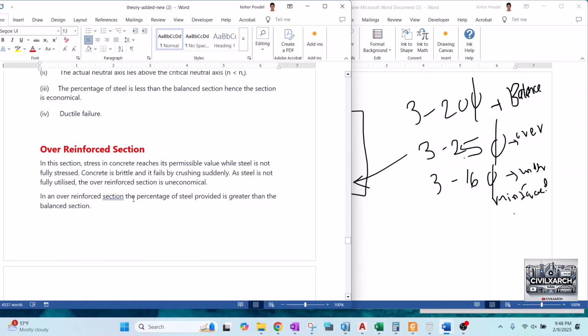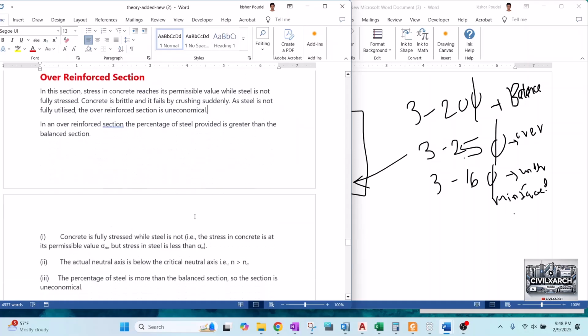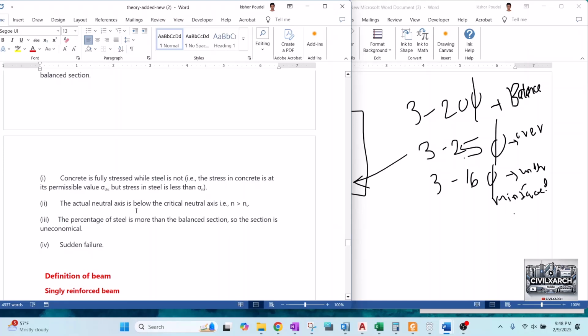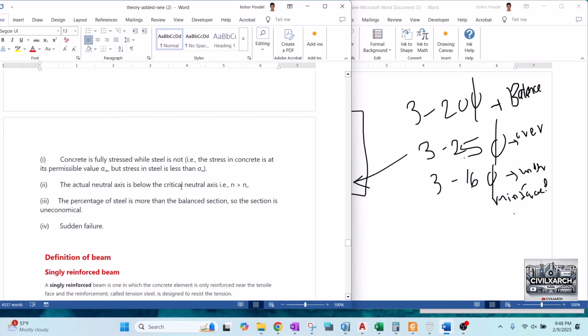In an over reinforced section, the percentage of steel provided is greater than the balance section. Concrete is fully stressed while steel is not, because we still have steel in more amount than is required for the balance section. The actual neutral axis is below the critical neutral axis, just opposite to the under reinforced section, where the actual neutral axis lies above the critical neutral axis.